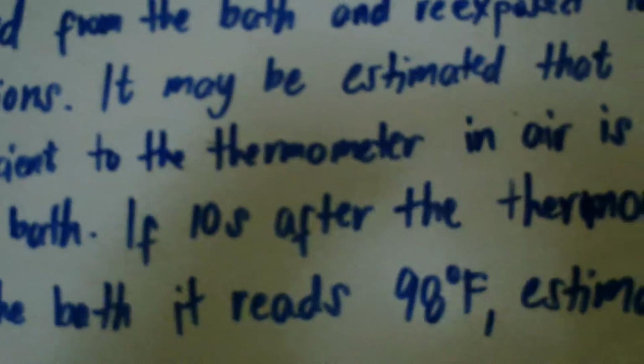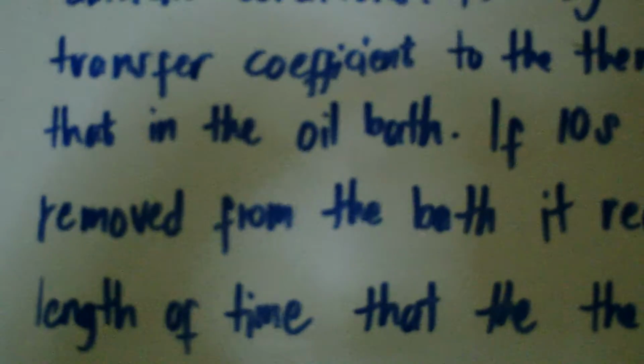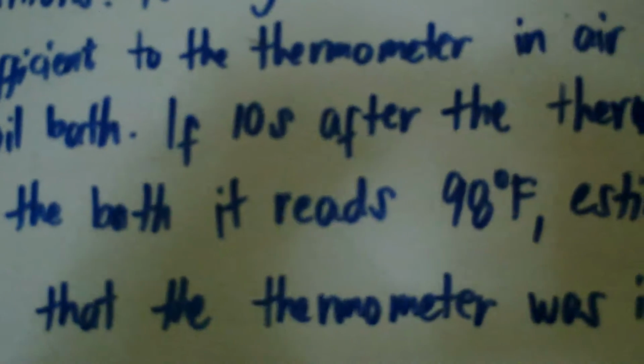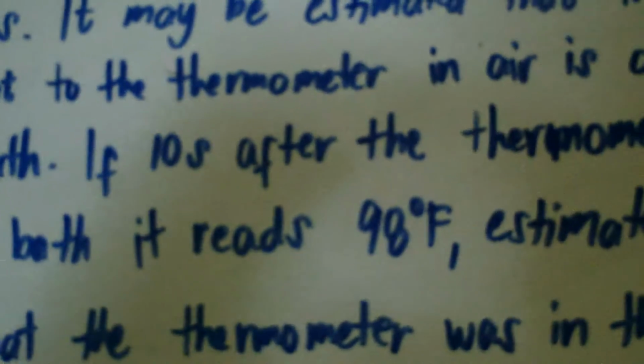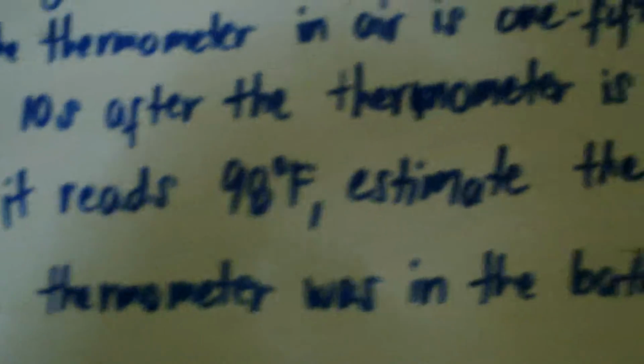It may be estimated that the heat transfer coefficient to the thermometer in the air is 1/5 that in the oil bath. If 10 seconds after the thermometer is removed from the bath, it reads 98 degrees Fahrenheit, estimate the length of time that the thermometer was in the bath.